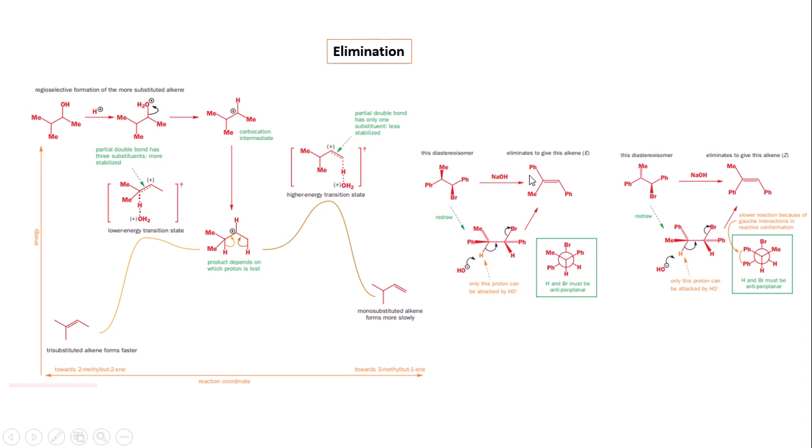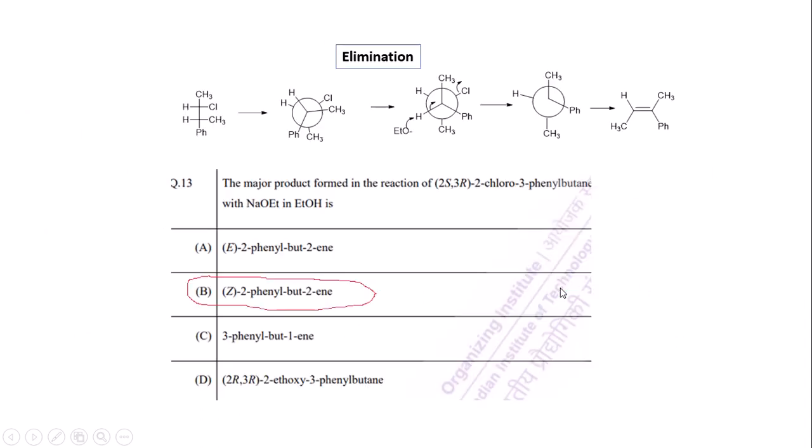This is the trans product, meaning this is the 1 and this is 2 priority, and the phenyl group is also 1, and here the hydrogen is the 2, so the 1 groups are on the opposite side, so this is the anti-product. Similarly, the other isomer gives the Z product via the anti-elimination, so E2 elimination is a stereospecific elimination reaction.